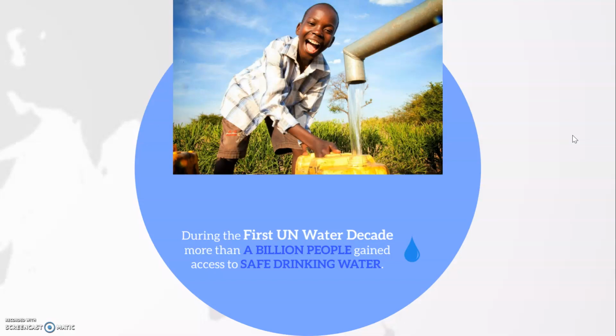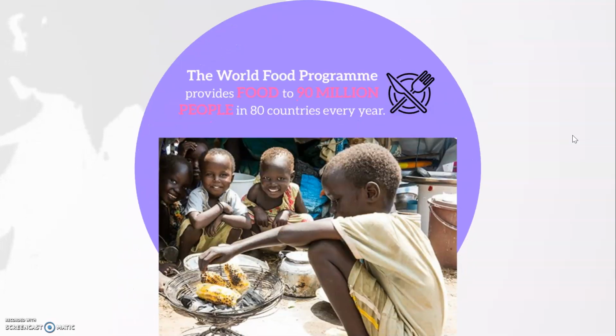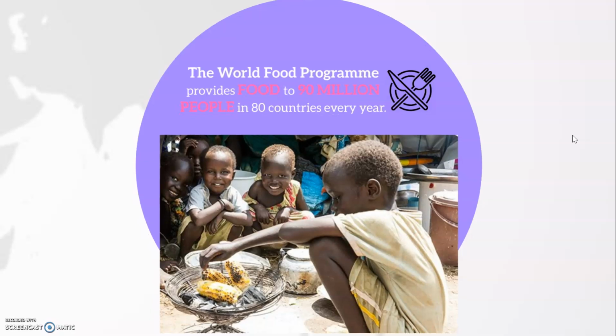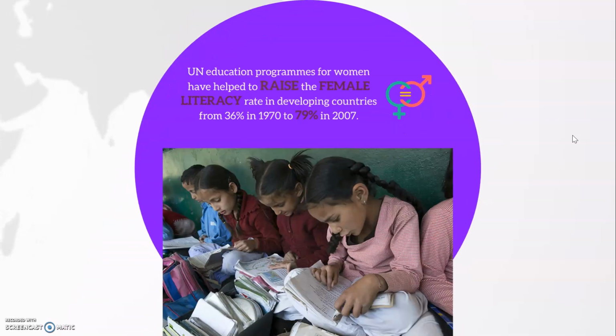And then the World Food Programme provides food to 90 million people in 80 countries every year. UN education programs for women have helped to raise the female literacy rate in developing countries from 36% in 1970 to 79% in 2007.